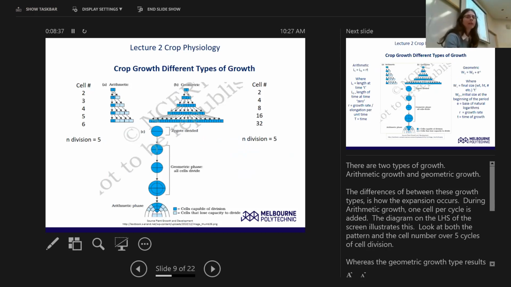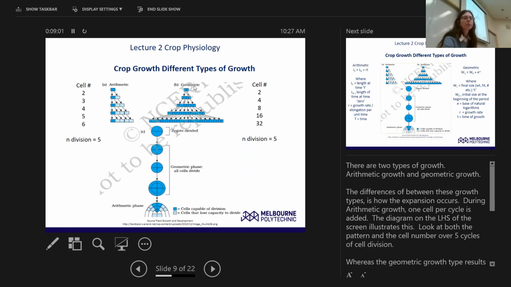With arithmetic growth, in the first division you'll have 2, which is the same as the geometric. But in the second division, you'll have 3. Then 4, then 5, then 6. So if you've gone through 5 cycles of division, you get 6 cells.